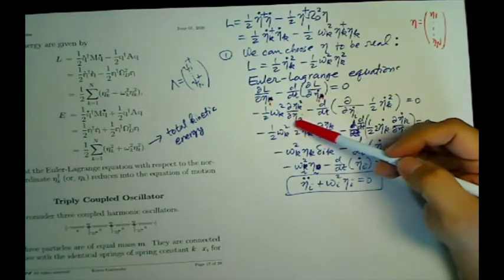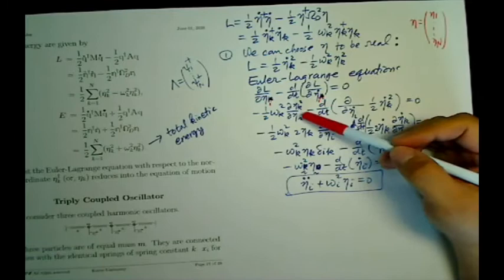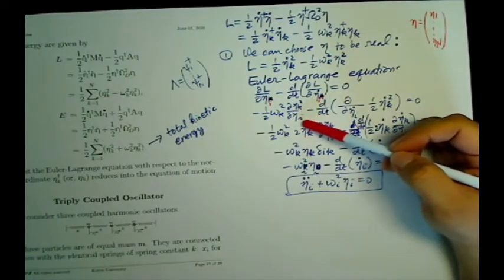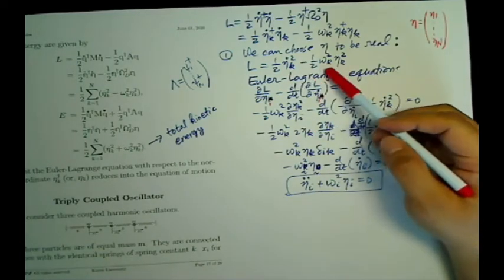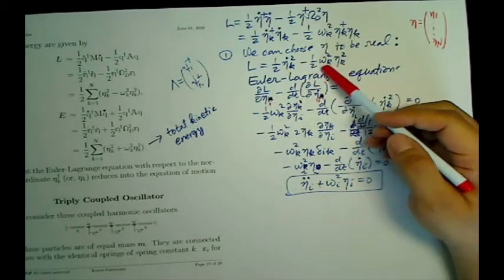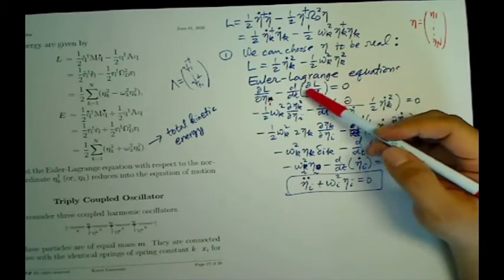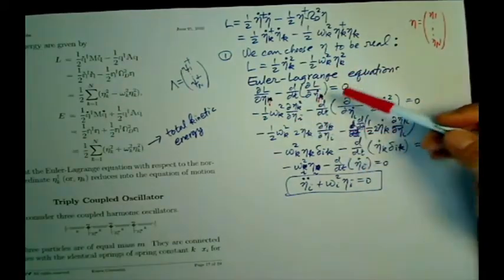We take the partial derivative of the Lagrangian with respect to the normal coordinate eta I. Then this one vanishes. Only the potential energy contribution survives. We have minus 1/2 omega k squared and the derivative of eta k squared.